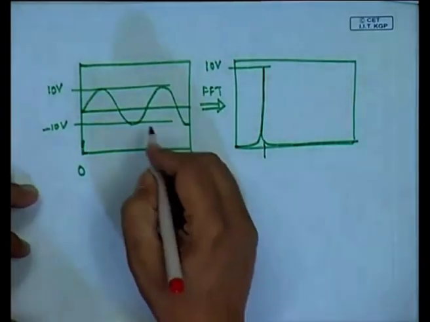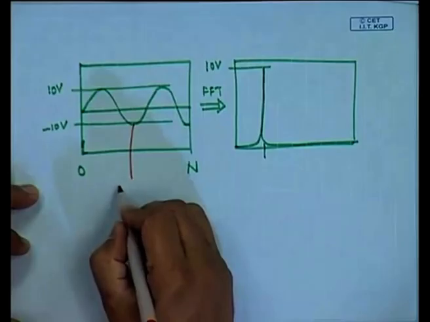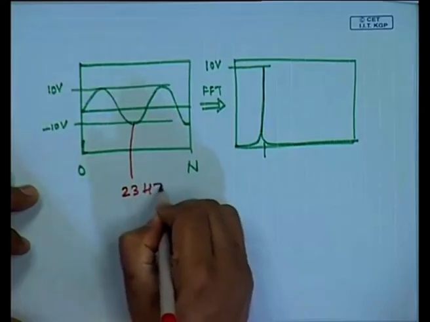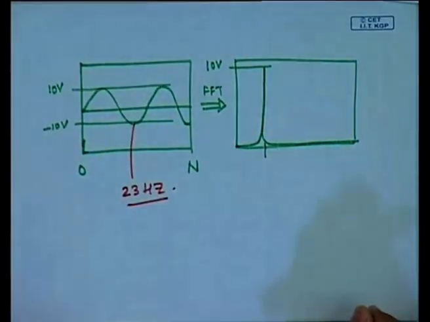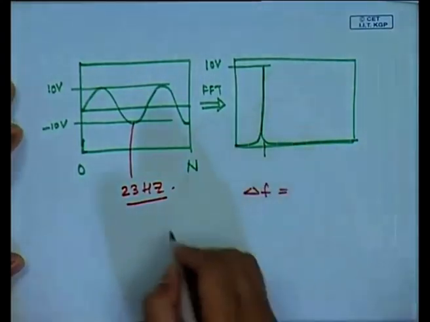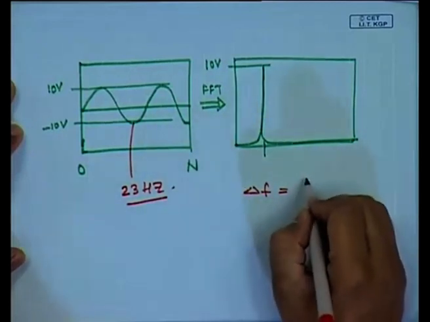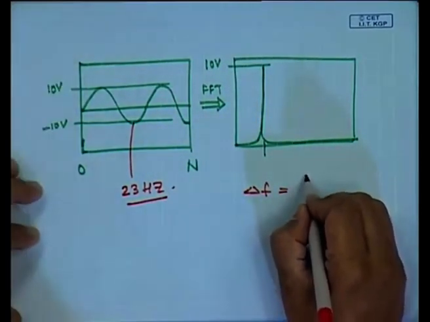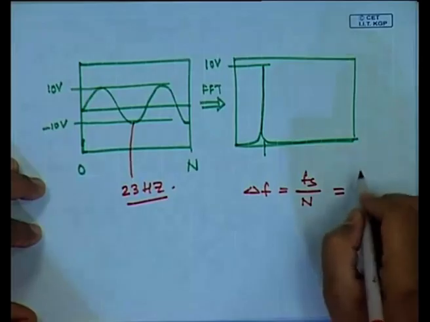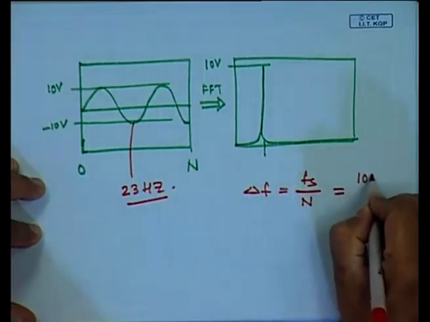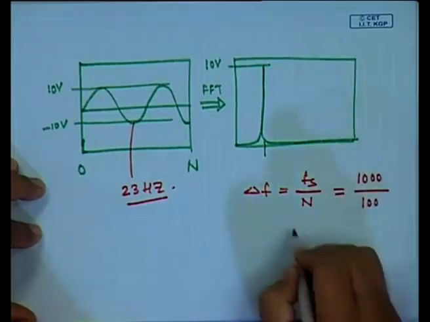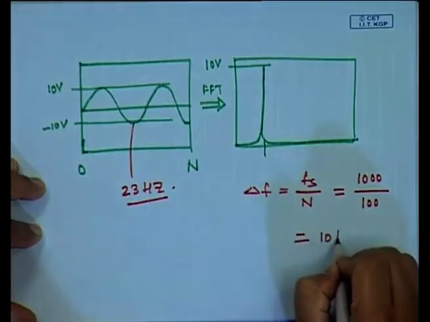I will go into the specific details. For example, this signal is of a frequency of 23 hertz. So, I should be having a delta f, and delta f is nothing but your Fs by n, isn't it? So, if my Fs is say 1000 hertz and I have taken n as 100, my delta f becomes 10 hertz.